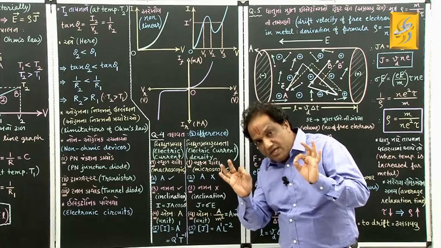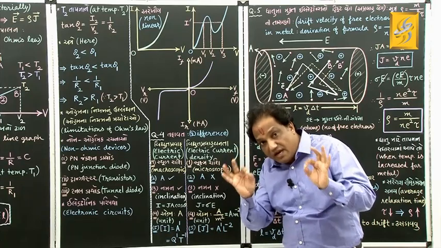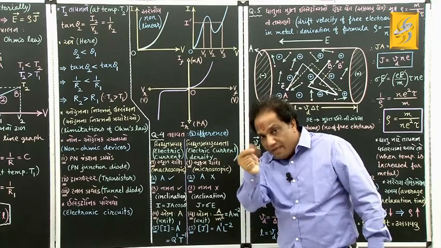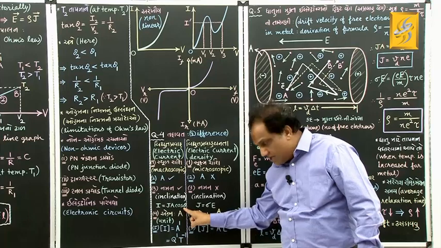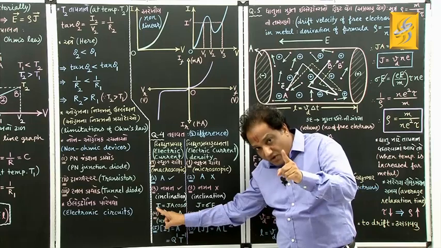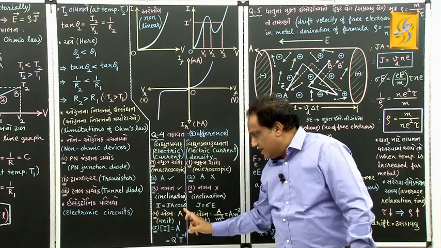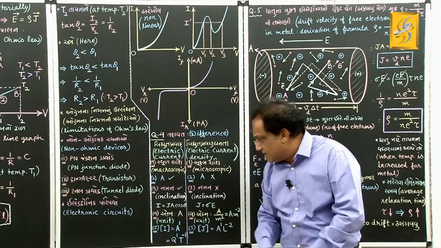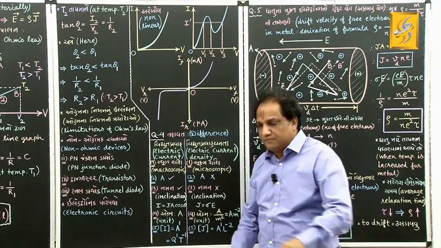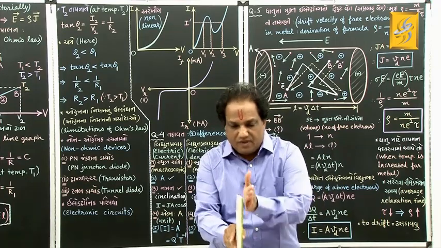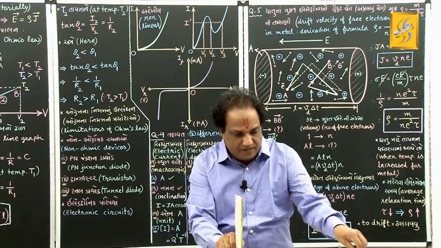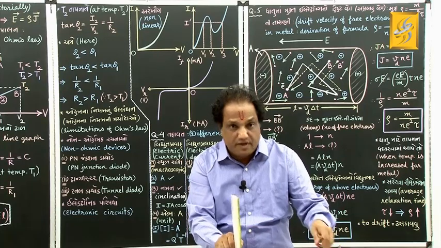You simply change the orientation, the inclination or arrangement of that face inside the conductor, then theta will change. As theta changes, this current will change. So current is that physical quantity which depends on the inclination of the considered face. I am putting a right mark. How? I am showing you. When you consider a face perpendicular to the direction of electric current, then vector J and vector A are both in the same direction.